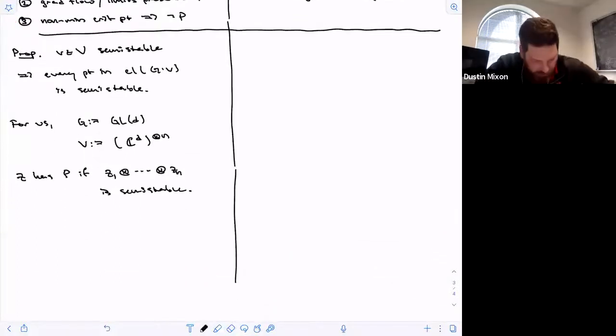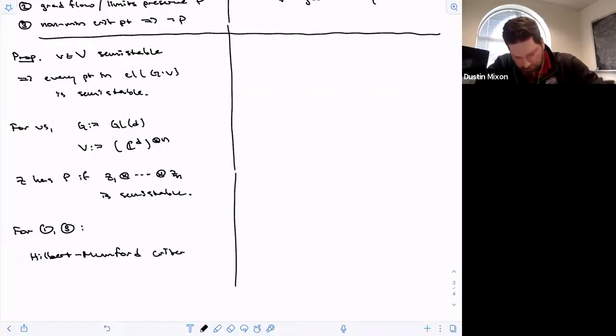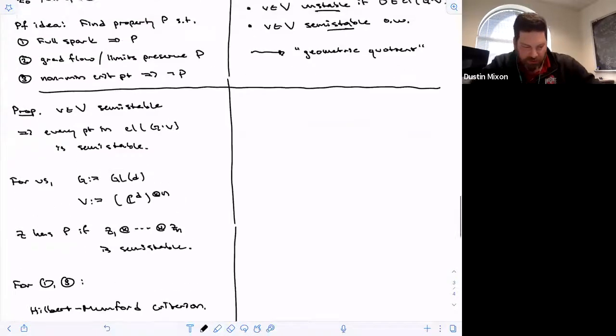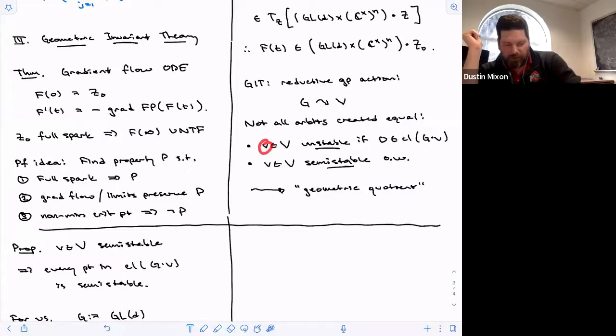For this, there's some really awesome technology from geometric invariant theory. It's called the Hilbert-Mumford criterion. What this says is, you want to know whether a point is unstable or semi-stable. That amounts to detecting whether 0 is in the closure of this orbit.